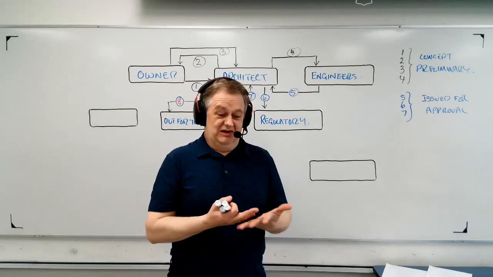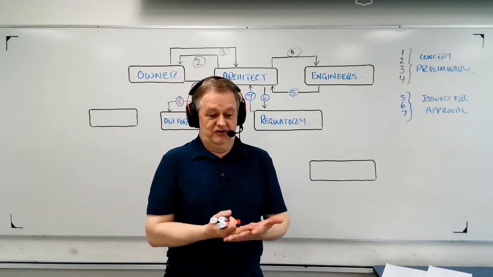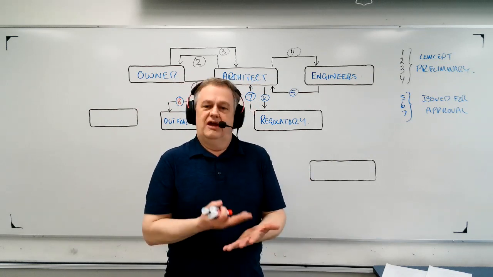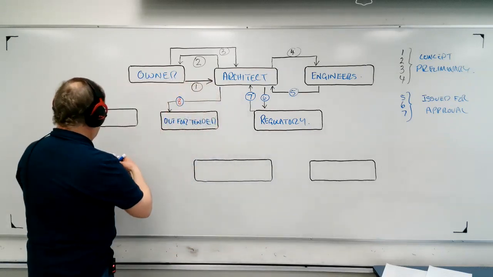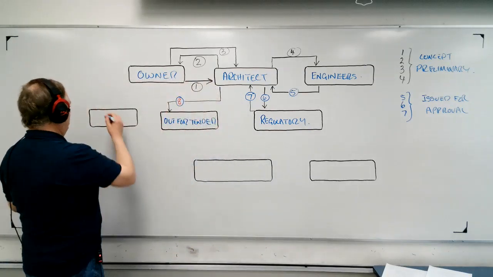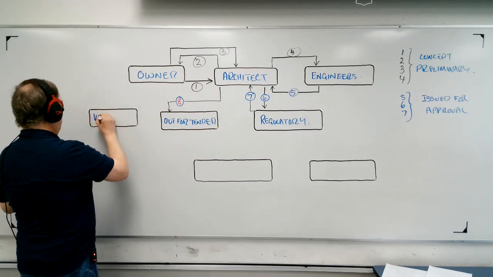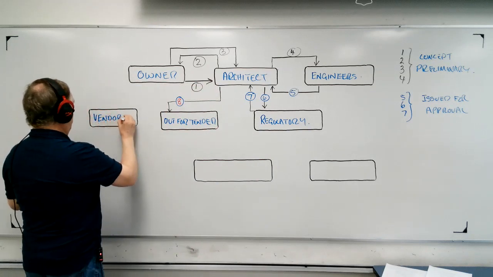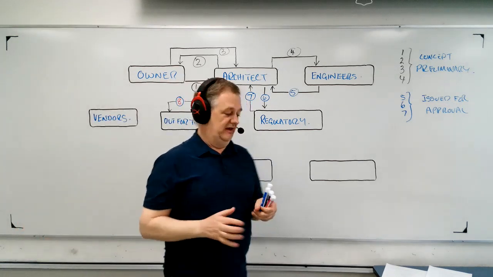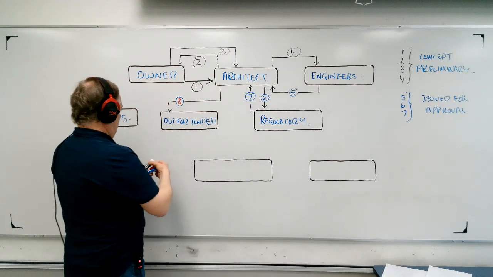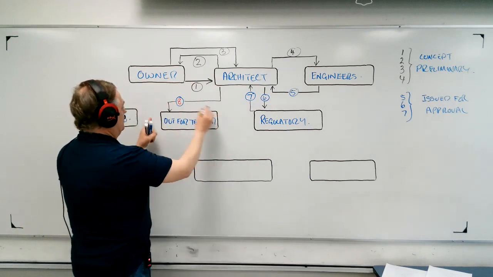And so it goes, I know at least 4 different vendors who I can buy these panels from. And I wonder who's going to give me the best price. And so we're going to call the people that actually supply the equipment the vendors.